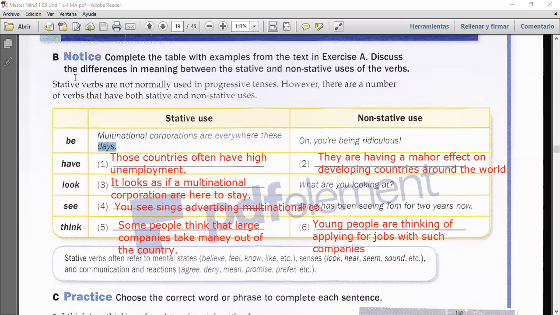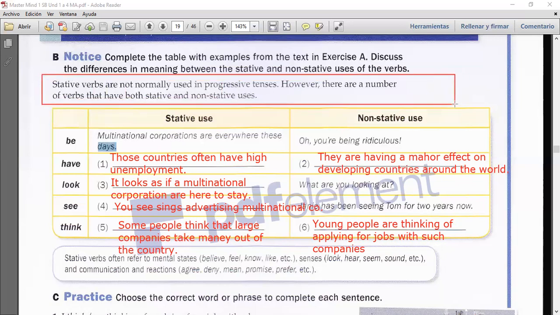Now, let's focus on this part as well. Janet, read please. Stative verbs are not normally used in progressive tenses.